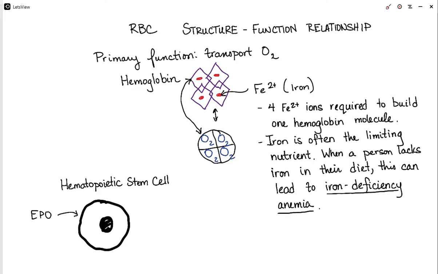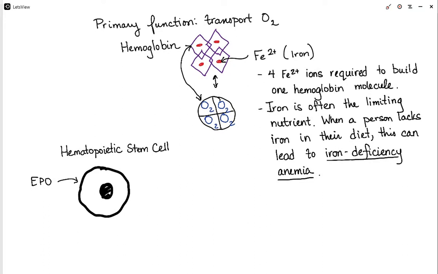So let's say that I have a hematopoietic stem cell. Here's my hematopoietic stem cell, and it gets the chemical signal from the hormone erythropoietin, that's EPO. As a red blood cell, its job, of course, is to transport oxygen.